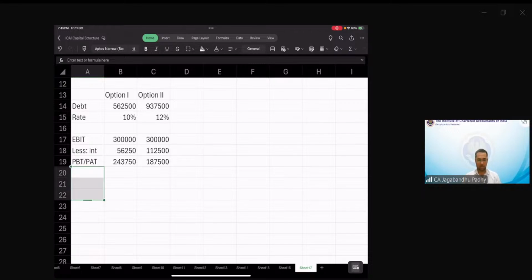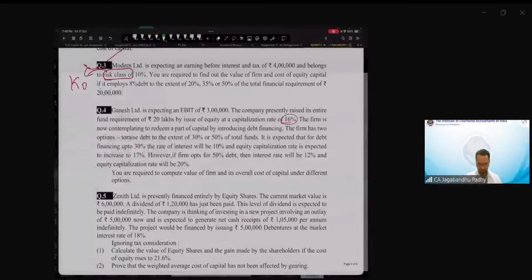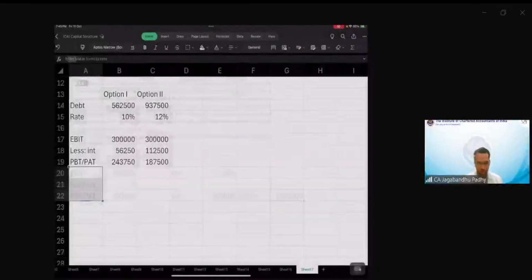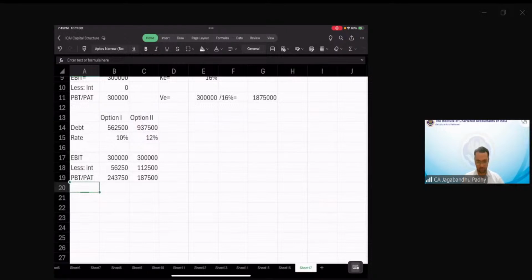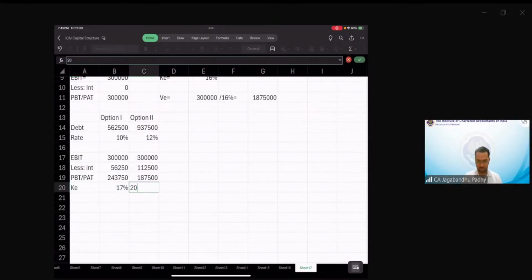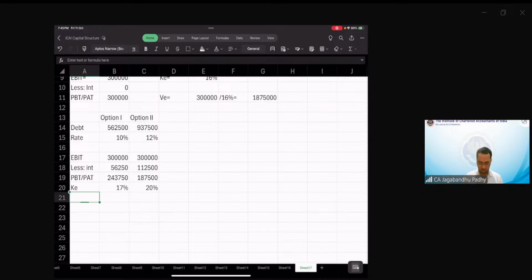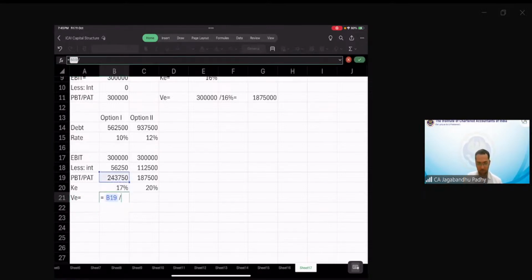Now there is a change with regards to KE also. The cost of equity is earlier 16, then in the first case 17 and in the new case 20. So KE is 17% and 20%. So what will be the value of equity? Value of equity is PAT or PBT divided by the cost of equity.